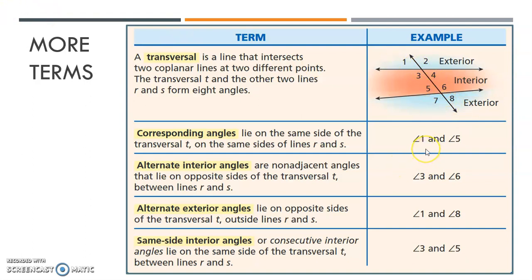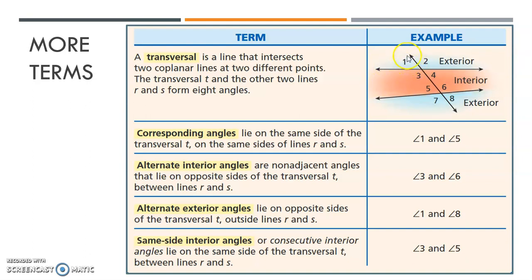The next term is corresponding angles. These are angles that we say are in the same general position. So they're going to be on the same side of the transversal. So like all of these over here have the possibility of being corresponding, but they're also both going to be on the same sides of the lines that the transversal intersects.